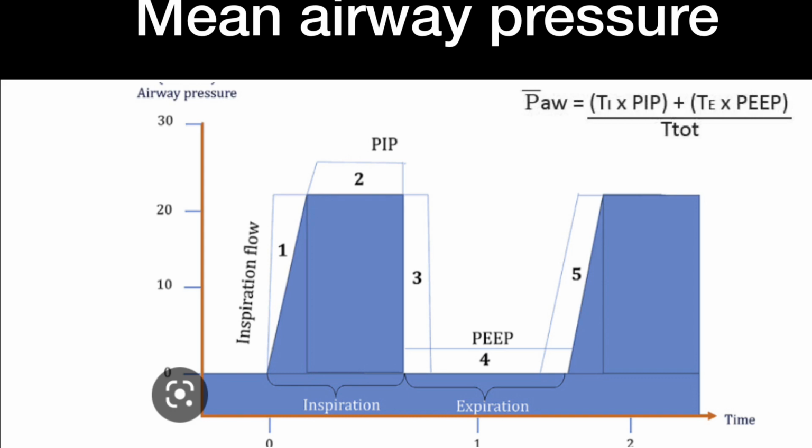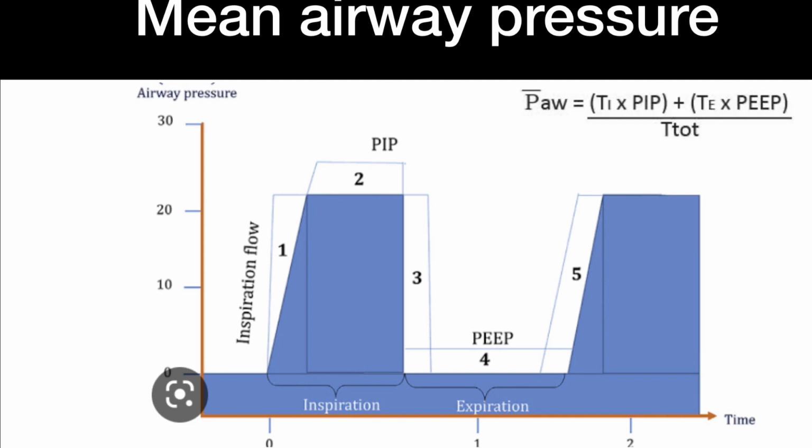Also, if you notice in the graph, it's a sinusoidal pattern. Increasing the flow can actually change the sinusoidal pattern into a square wave. This can be reflected in the pulmonary graphics on your ventilator in the unit.